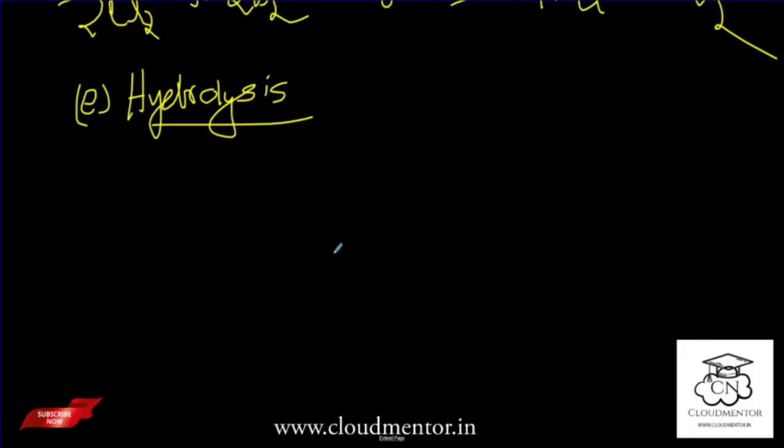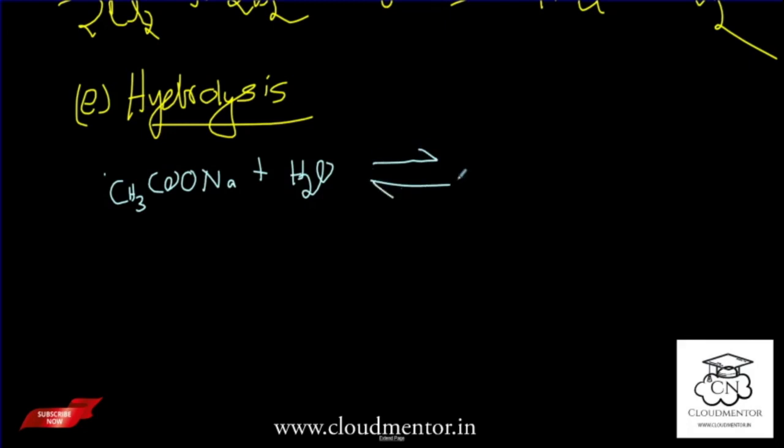That is, I can show here: CH3COONa with water hydrolyzes to form a weak acid like acetic acid and sodium hydroxide.